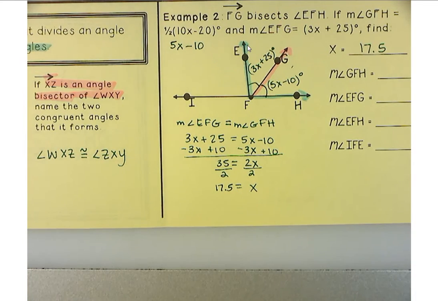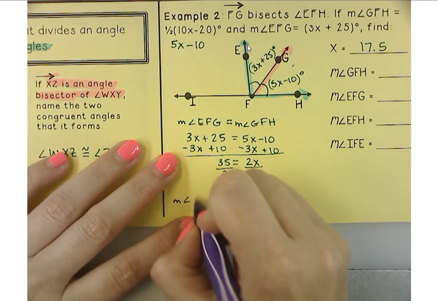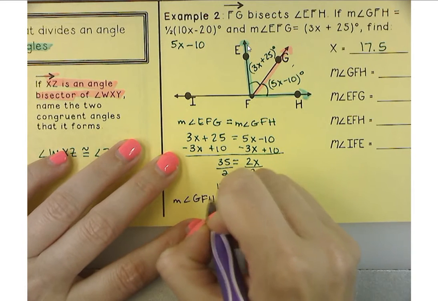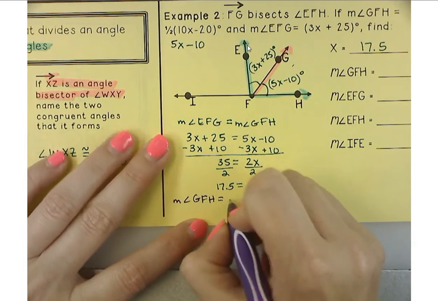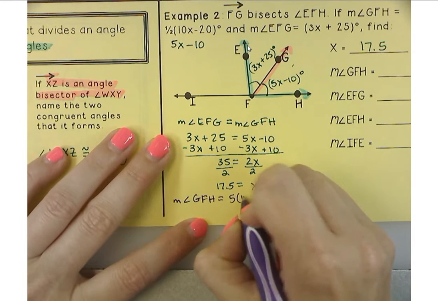Okay, for the measure of GFH, now that you know what x is, you're just going to use what to find that measure? Yeah, you're just going to plug it in, right? So substitution. So if GFH is 5x minus 10, you're going to plug in 17.5.